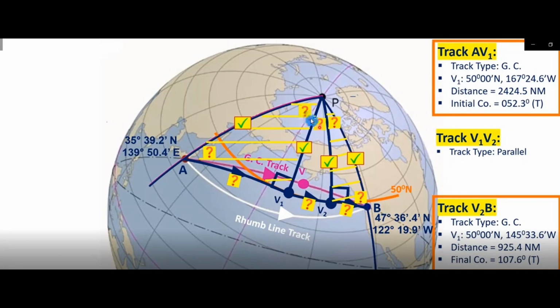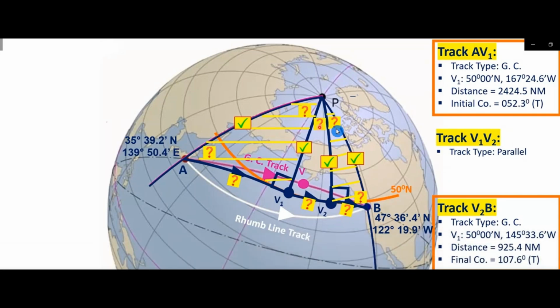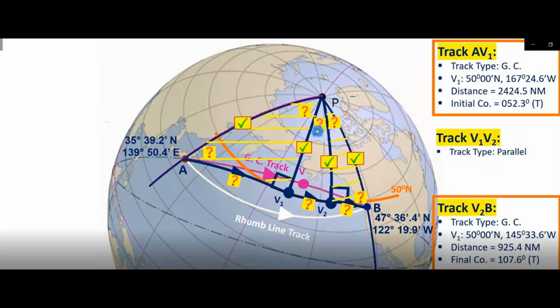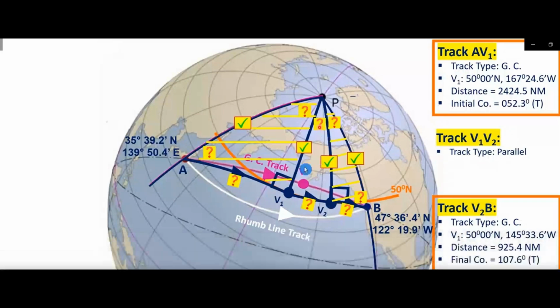Now we have calculated angle P of the PAV1 triangle. We have also calculated angle P of the PBV2 triangle. If from the total D long you subtract these two angles, you are going to get the middle angle P, and this middle angle P is the D long between V1 and V2.